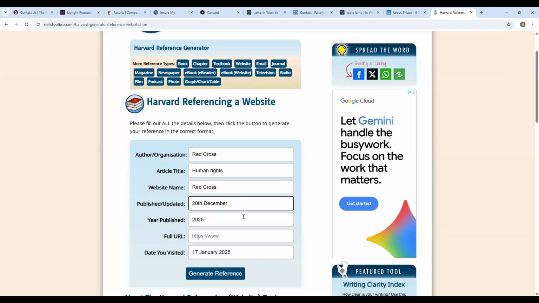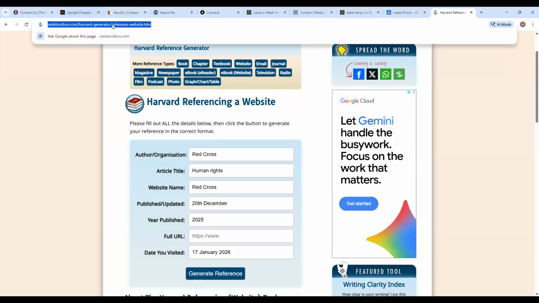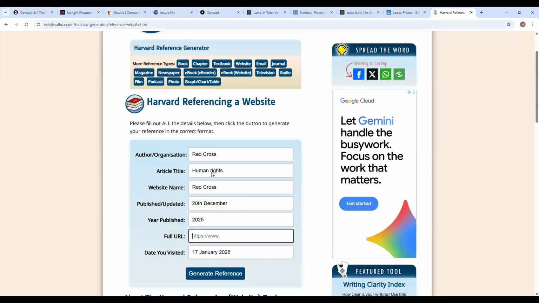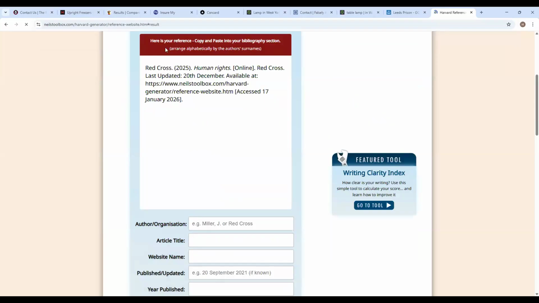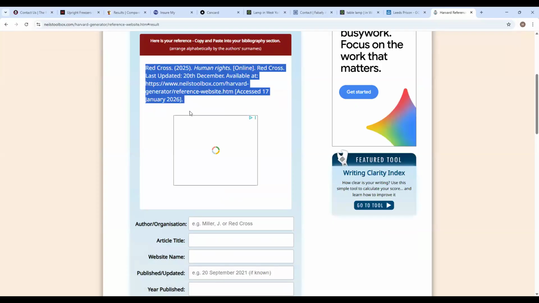Then the full URL, you just copy and paste. Can you see that address at the top? Copy that and put it in there. Once you put that in, generate reference. Look, it's made it for you, all the information I put in. Then you would copy and paste that into your bibliography at the end.